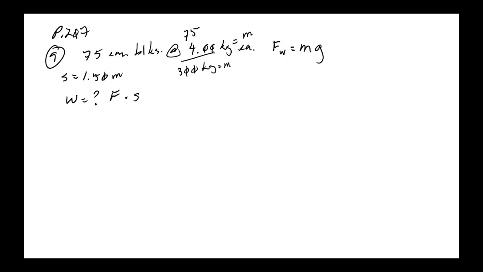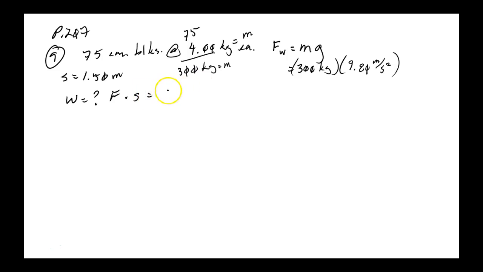And that's mass times acceleration due to gravity, which in this case is 300 kilograms times, and remember what acceleration due to gravity is, 9.80 meters per second squared. Acceleration is a distance per time squared. So that will give the force, okay?